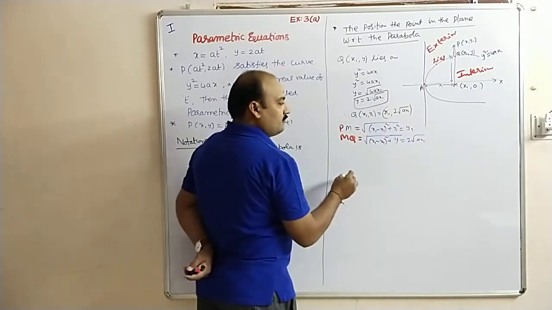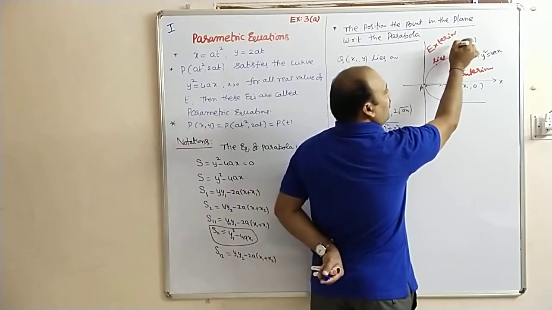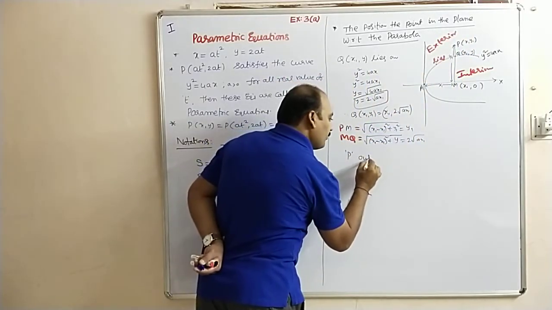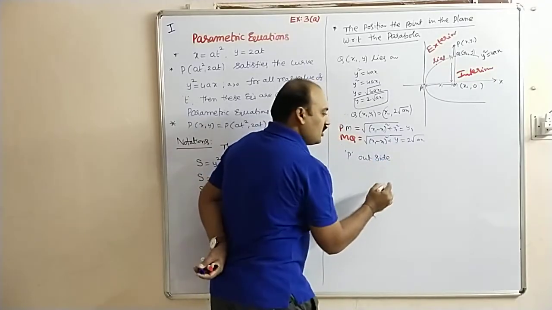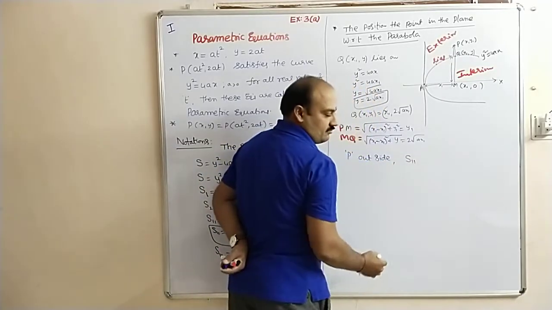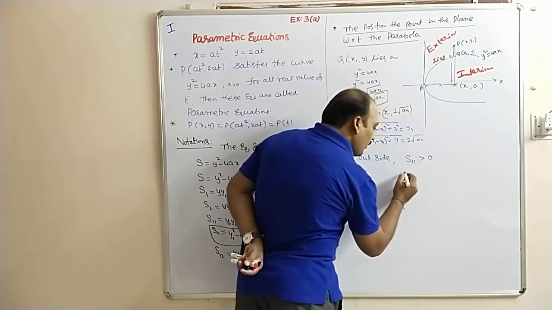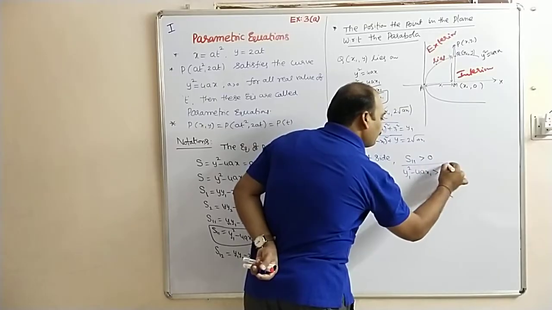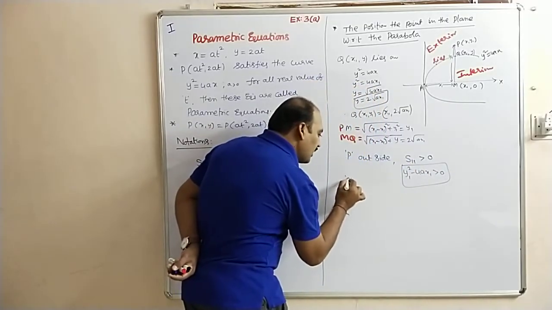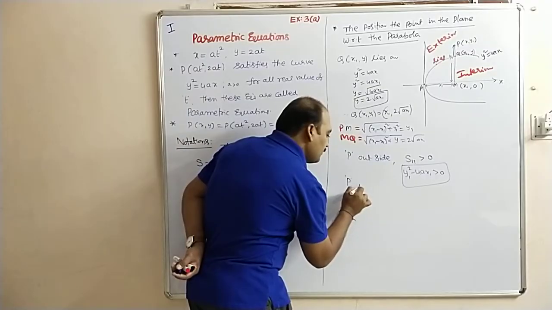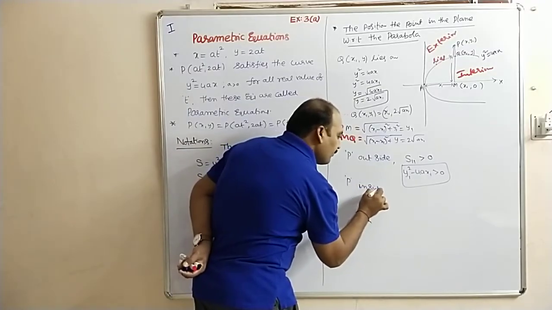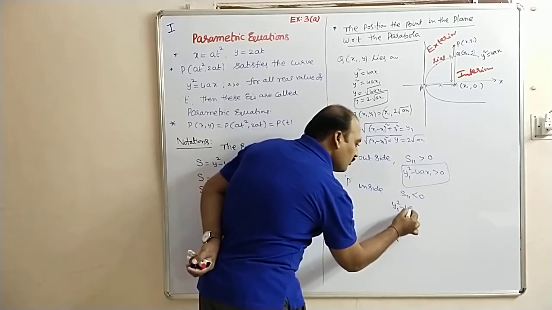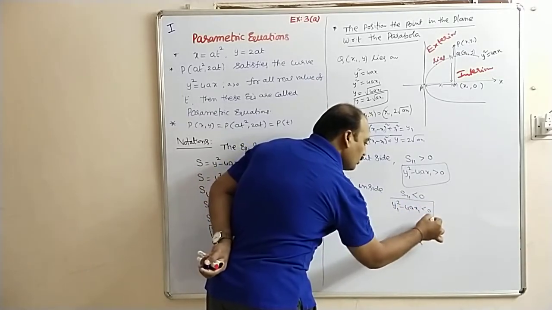By observing here, if the point P is outside, the value of S11 is greater than 0. S11 means y1 square minus 4ax1 is greater than 0. If the point P is inside, S11 is less than 0, that is y1 square minus 4ax1 is less than 0.